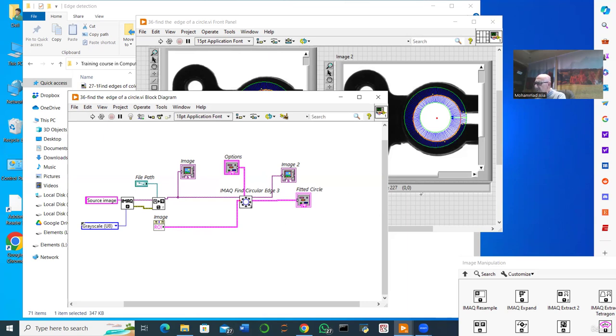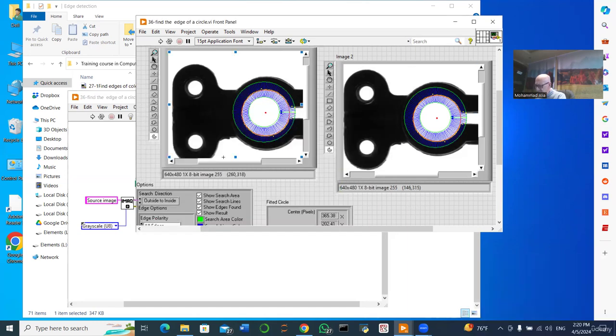So if we go to the front panel again and look, we have here one circle, another, and a third circle which I have worked with. Let us begin with this one, for example. So we put the pointer approximately in the middle, and then we move externally around it, as you see here.